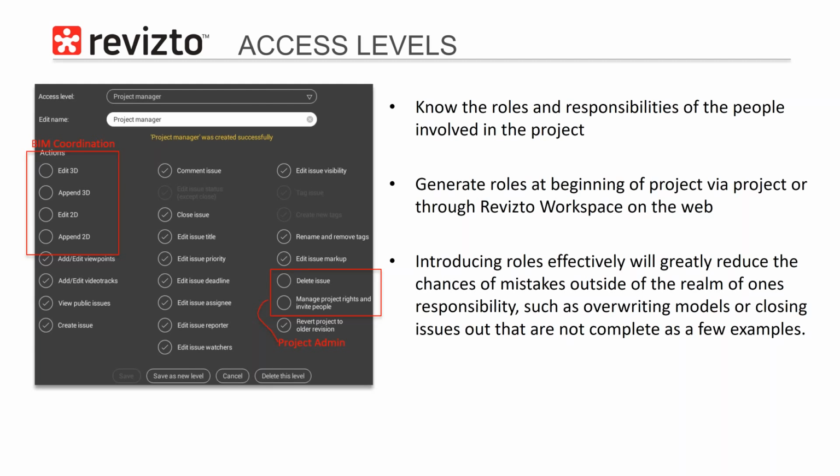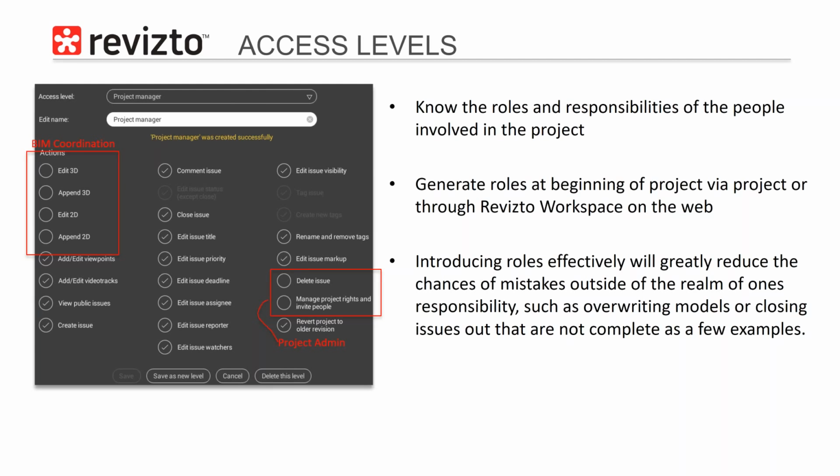Along with that, though, we also don't want to give that project manager or that BIM manager the ability to change any of the information that's being delivered to him, as that is a responsibility that is part of the engineering design team, the coordination team, as well as the BIM coordinator or BIM director.